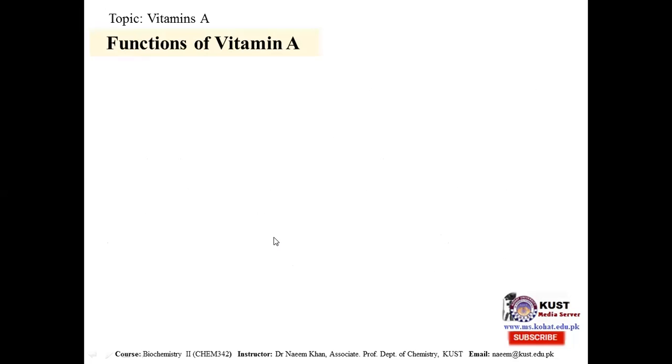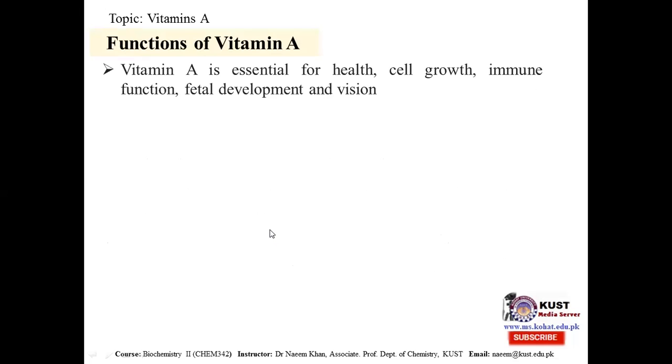Coming to the functions of vitamin A. Vitamin A is essential for health, cell growth, immune function, fetal development, and vision. In general, vitamin A has so many functions, and it's required for good health, cell growth, immune function.